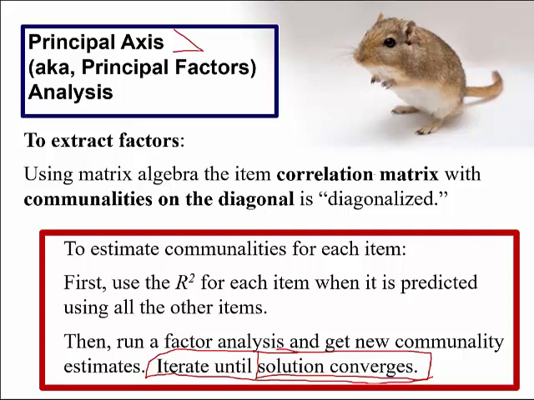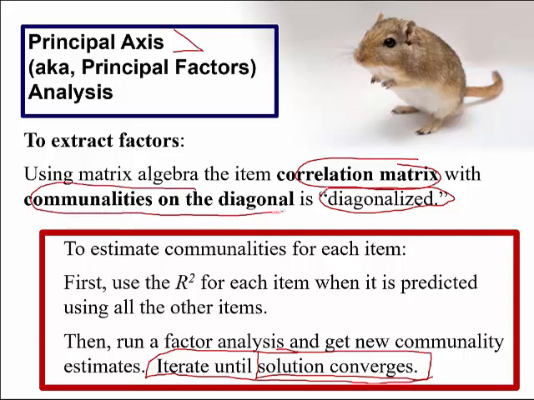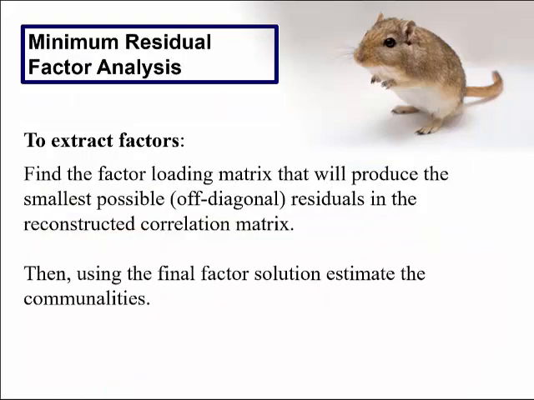It's, again, the same process as principal components analysis, where we take a correlation matrix and do this thing called diagonalizing it. And the key difference is, with a principal components analysis, you leave the 1s on the diagonal of the correlation matrix. But when you're doing principal axis factoring, you replace those 1s with estimates of communality.